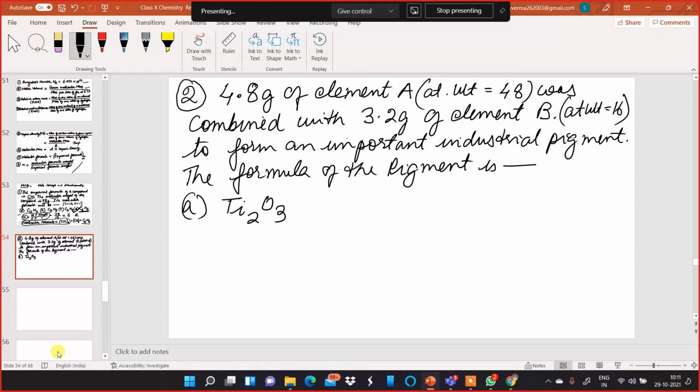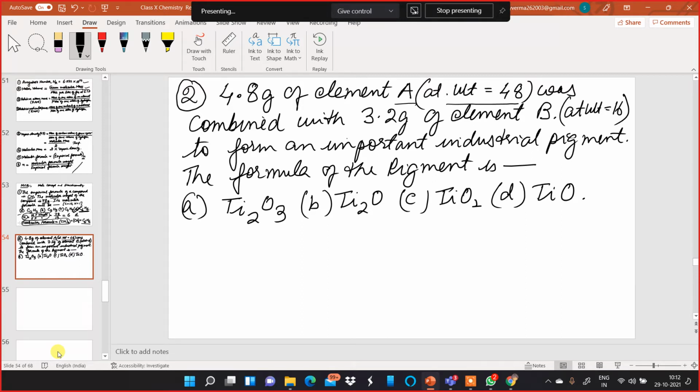That means this element A is supposed to be titanium. Atomic weight is 48. The second option is Ti2O. The third option is TiO2. Option D is TiO.